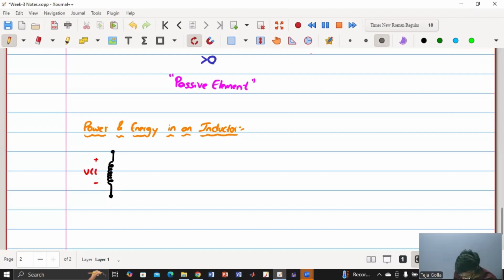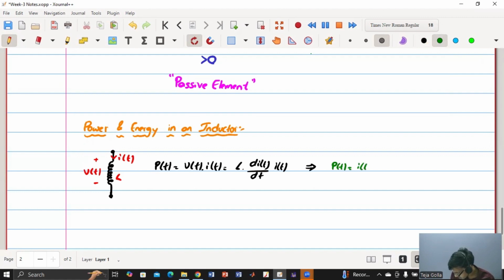Plus minus V of t and I of t in an inductor. So the same thing we'll do. P of t is equal to V of t into I of t. Then V is nothing but L into di of t by dt, into I of t. Then we'll get P of t is equal to L into I of t into di of t by dt.